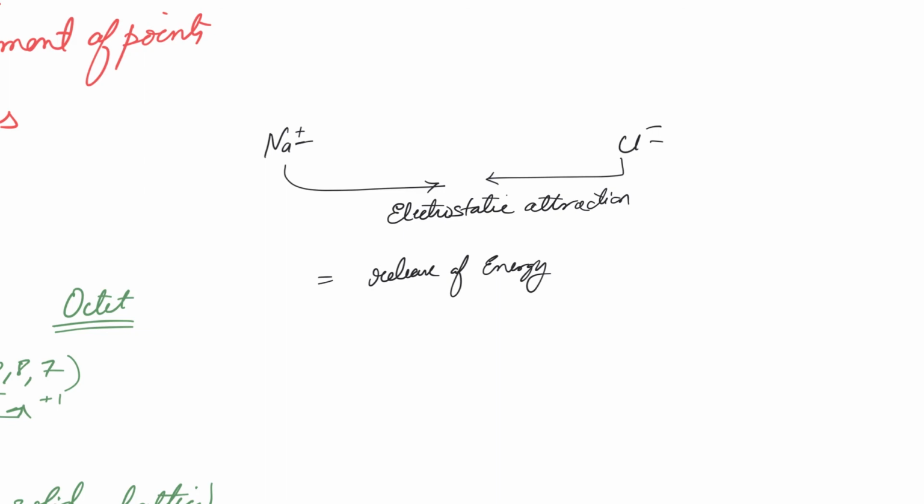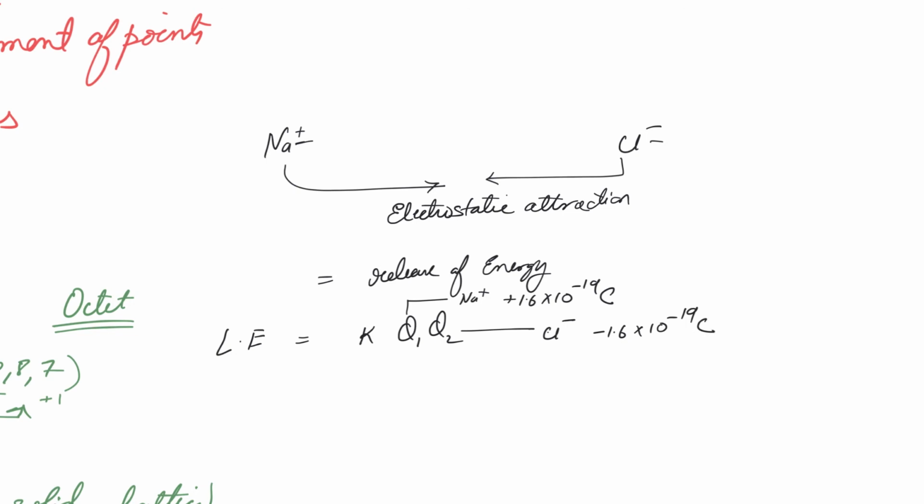So lattice energy, mathematically speaking, is a measure of bringing charges Q1 and Q2. Q1 represents the charge on sodium, Na plus, that is plus 1.6 times 10 to the power minus 19 coulomb. Q2, again, is the charge on Cl minus, 1.6 times 10 to the power minus 19 coulomb, divided by R squared.